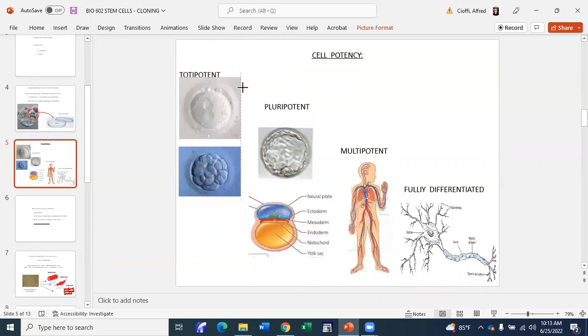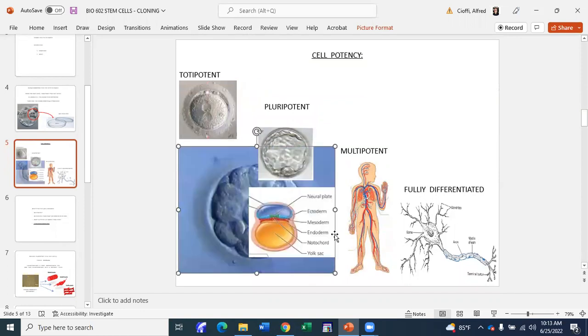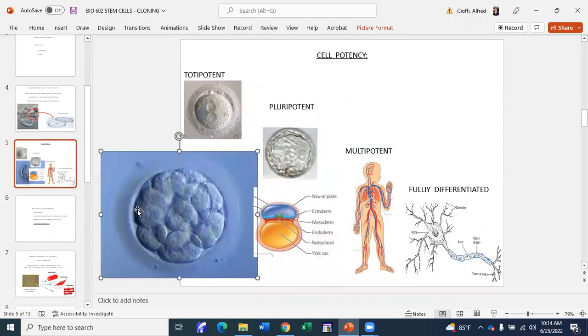Then also, as I spoke before, the morula. These are macrographs. Okay, let's put it here. Each one of these could be at the 8 or 16, probably at the 16 cell level, right?